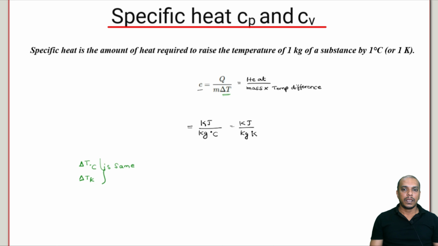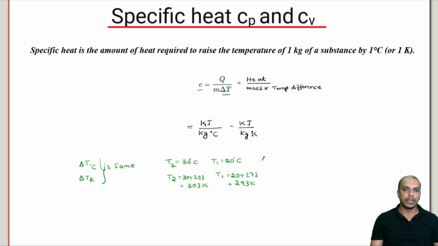For example, if we take temperature T2 as 30 degrees Celsius and T1 as 20 degrees Celsius, and substitute the same in Kelvin, 30 plus 273 is 303 Kelvin, and similarly T1, 20 plus 273, is 293 Kelvin.